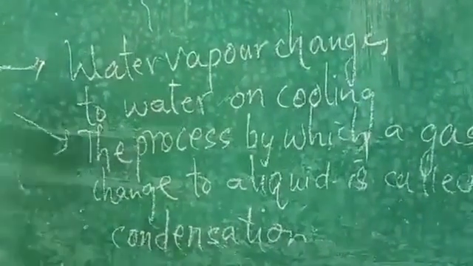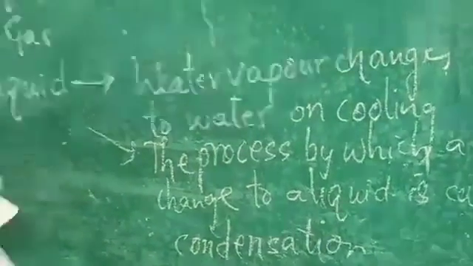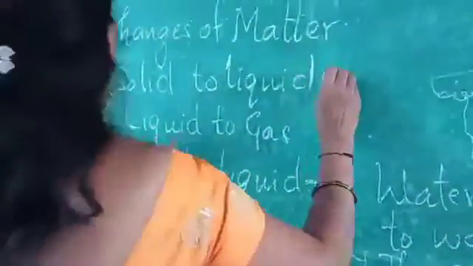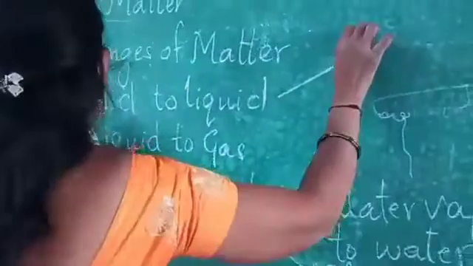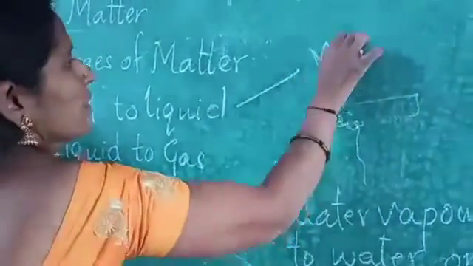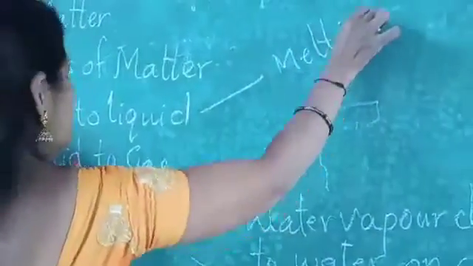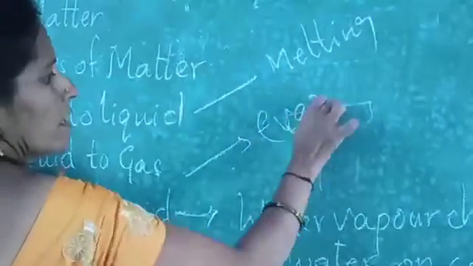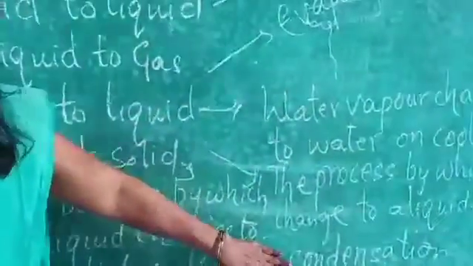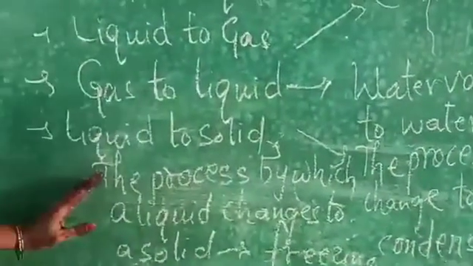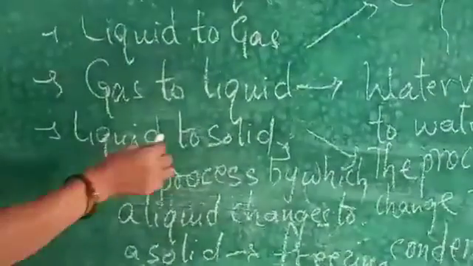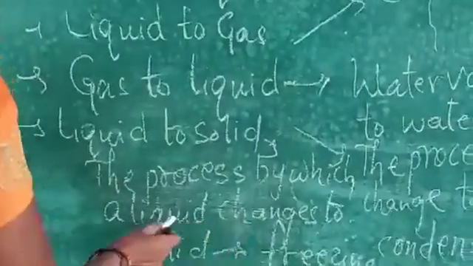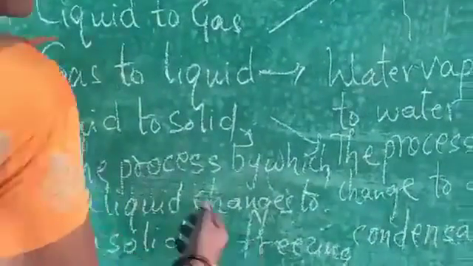We have seen evaporation and melting. In this, first we have seen melting. Next one, liquid to gas is evaporation. Till condensation we have seen. The process by which a liquid changes to a solid form is called freezing.